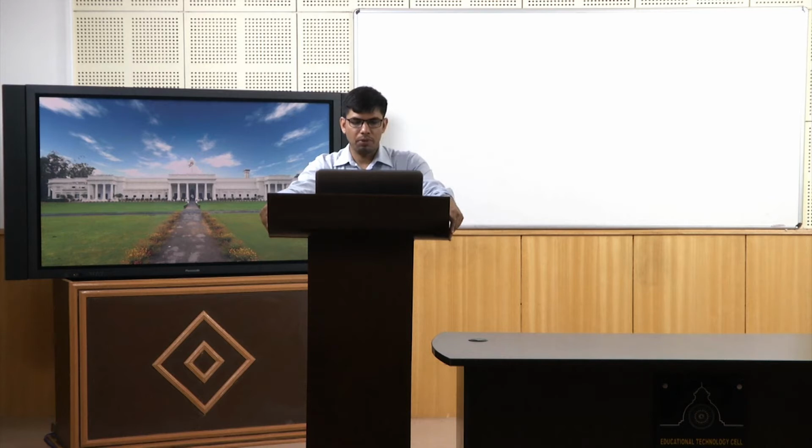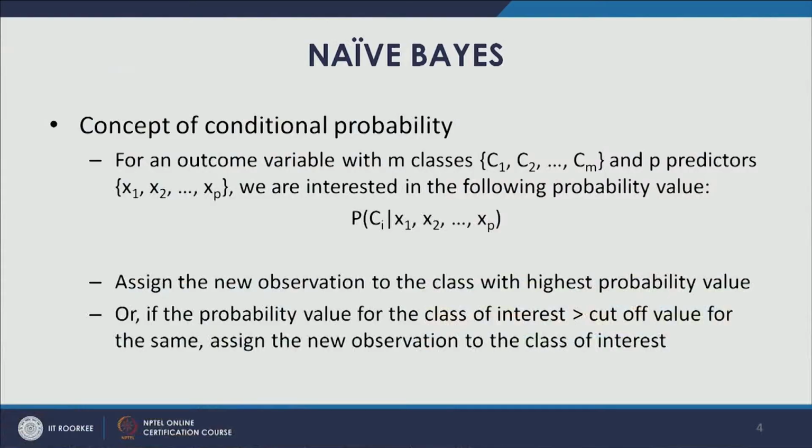We need to compute the probability value using this conditional probability for all the classes given the predictor information, and once that is done, the new observation can be assigned to the class with the highest probability value in the regular scenario. When we have the class of interest scenario, then if the probability value for the class of interest is greater than the cutoff value for the same class, we assign the new observation to the class of interest.